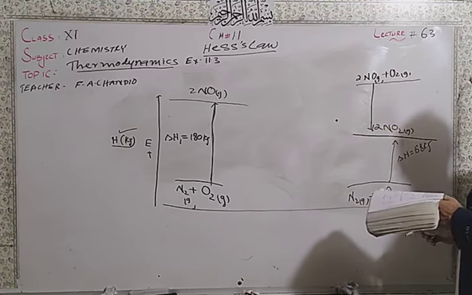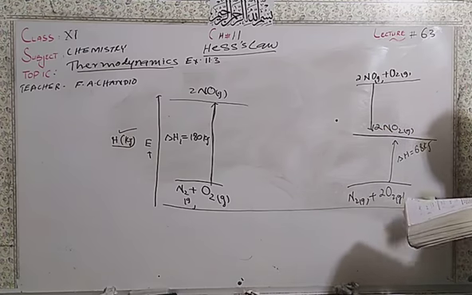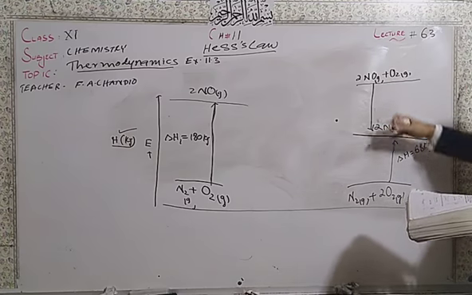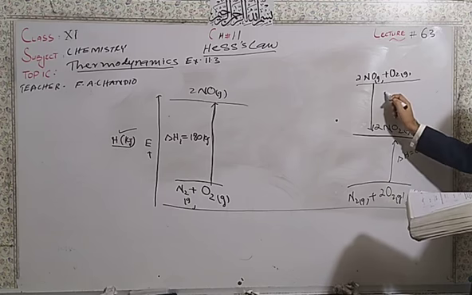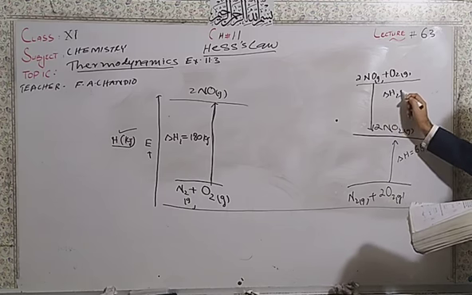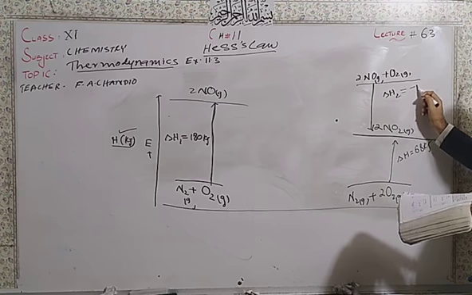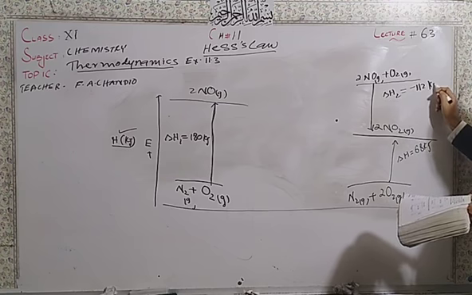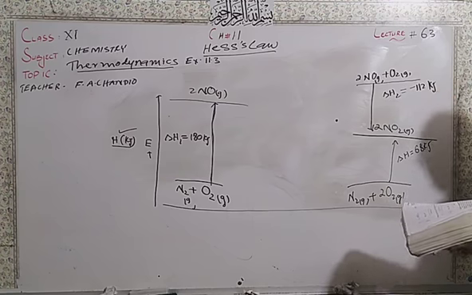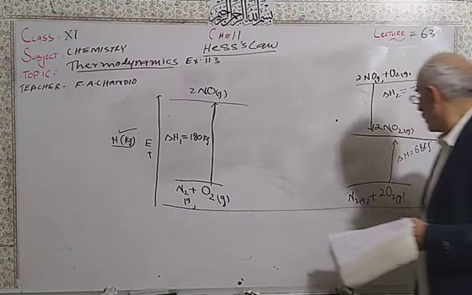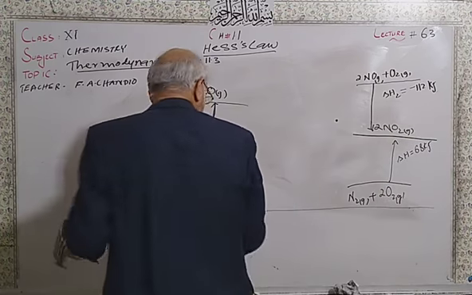You are seeing that the amount of energy will decrease. The reaction is exothermic. So delta H2 will be equal to minus 112 kilojoules.